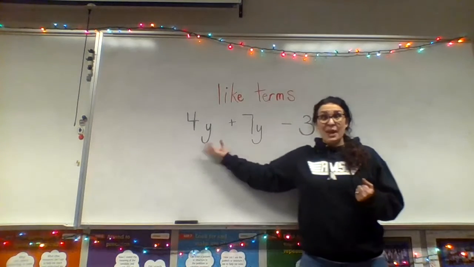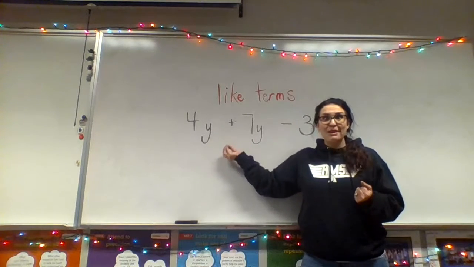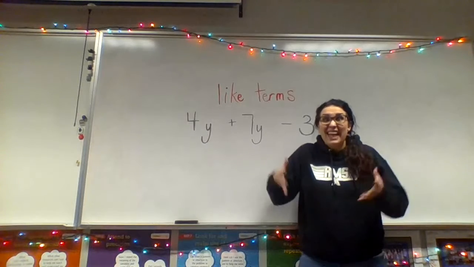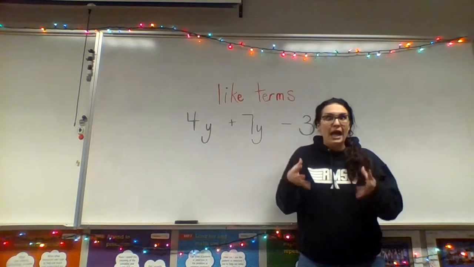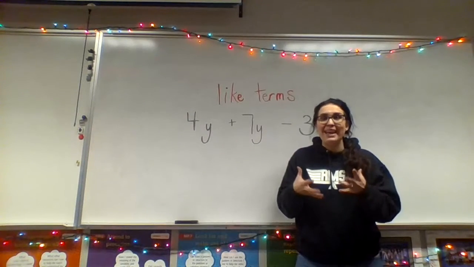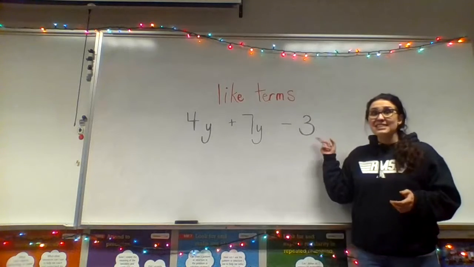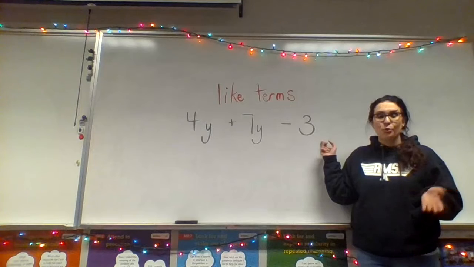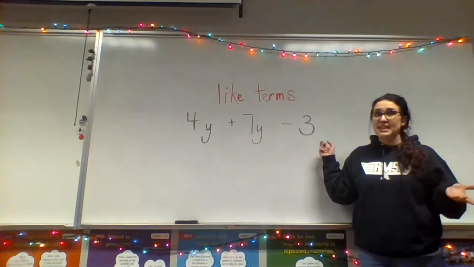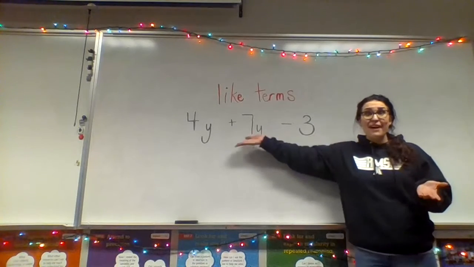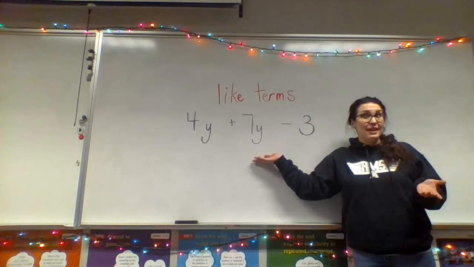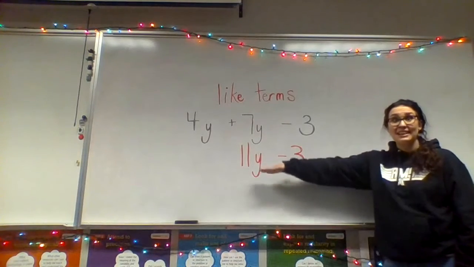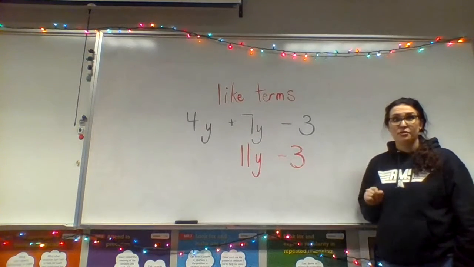That means that if I combined these two terms, I would actually have 11 groups of y. But since there's no like term that matches with this minus 3, that's just going to stay the same. So if I were to simplify this expression, it would look like this, 11y minus 3, all right?